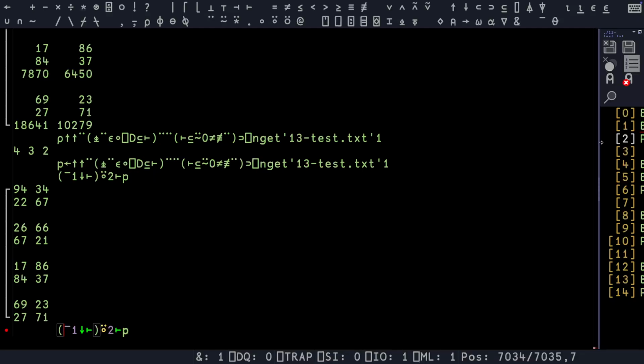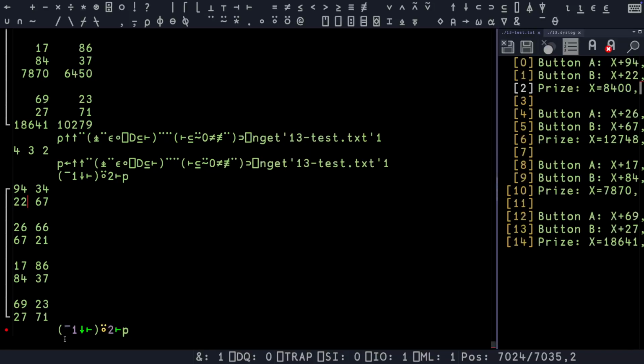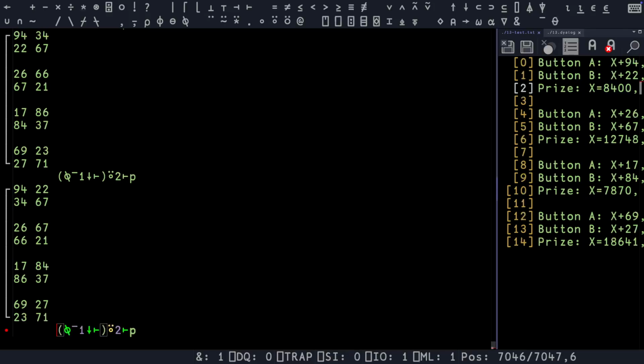When I was describing the system of linear equations, we want like 94x plus 22y equals 8400. These are specified along the columns, and we want to work on the rows. So we'll do a transpose here in order to get the matrix into the right form.